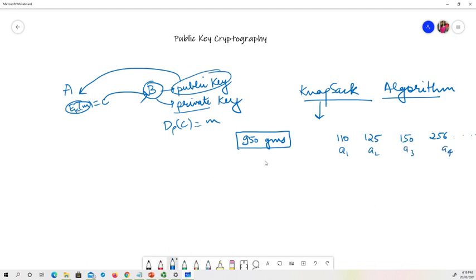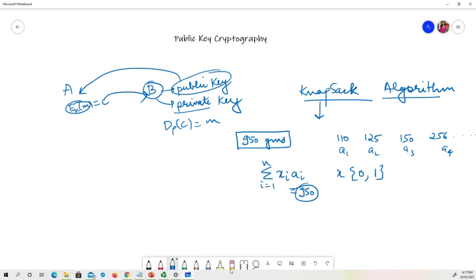So you need the summation of xi into ai, for i equals 1 to n, where x is a vector that includes either 0 or 1, such that the value equals 950.